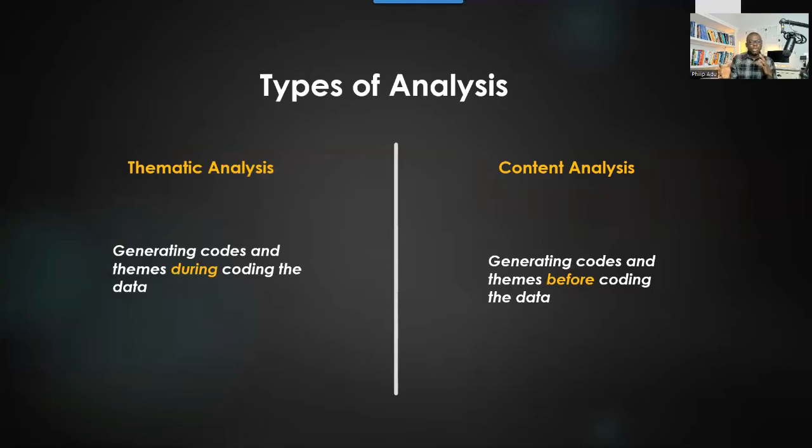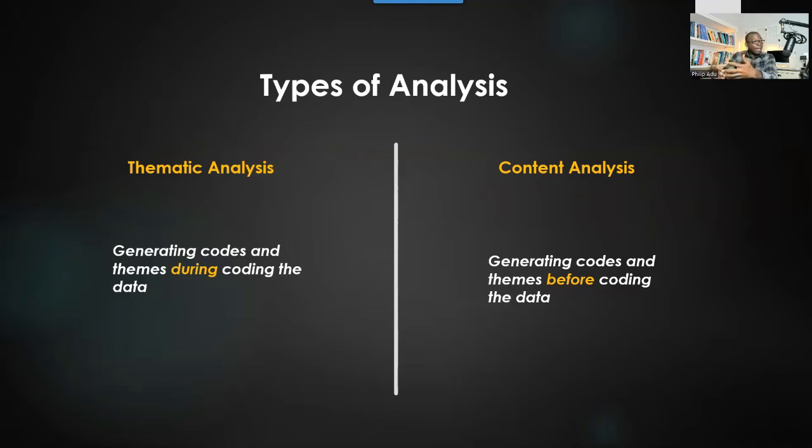So let's move on and talk about the types of analysis. In terms of qualitative analysis, we have many types, but the popular ones are thematic analysis, I hope you have heard that before, and also content analysis. So what is thematic analysis? Thematic analysis is all about generating themes based on what you see in the data.